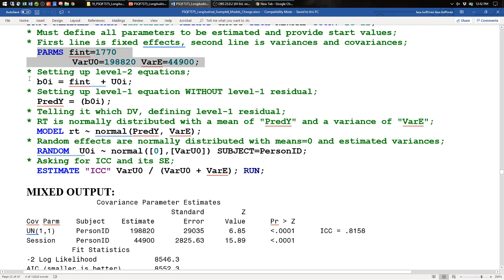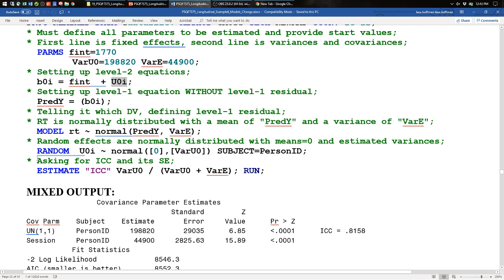Okay. So next, I am writing out my multi-level model. So this part here is the level 2 part. Beta 0I equals fixed intercept plus this thing right here. This is going to be my individual random intercept, U0I.